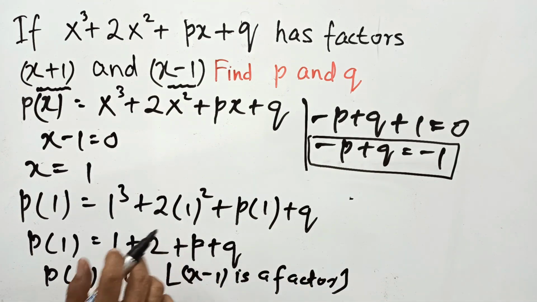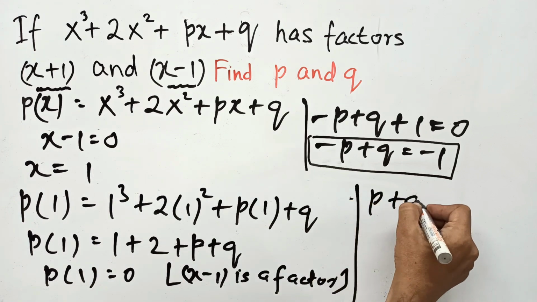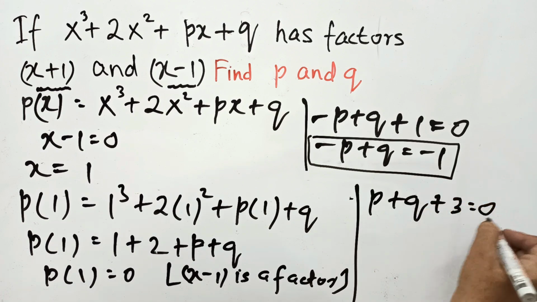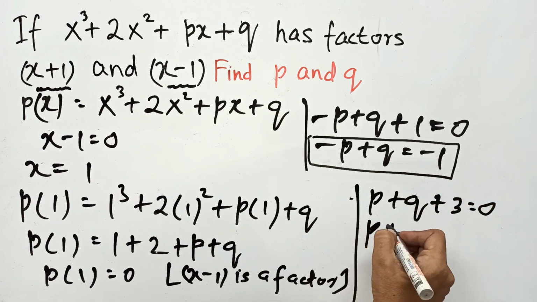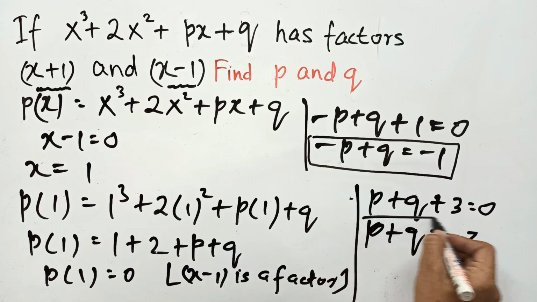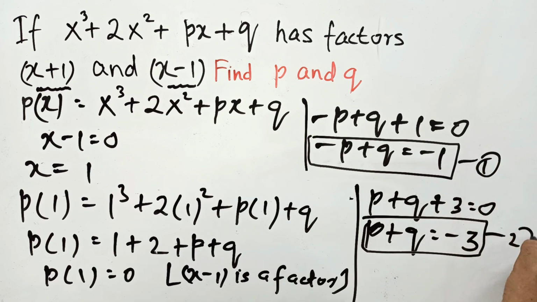Now we'll put this expression equal to 0. 1 plus 2 plus p plus q, I am writing directly, 3 plus p plus q is equal to 0, and after simplification p plus q is equal to minus 3. This is the second equation. This is the first and this is the second.